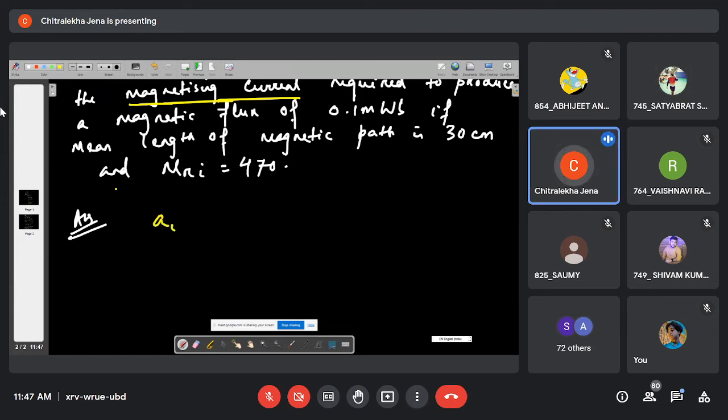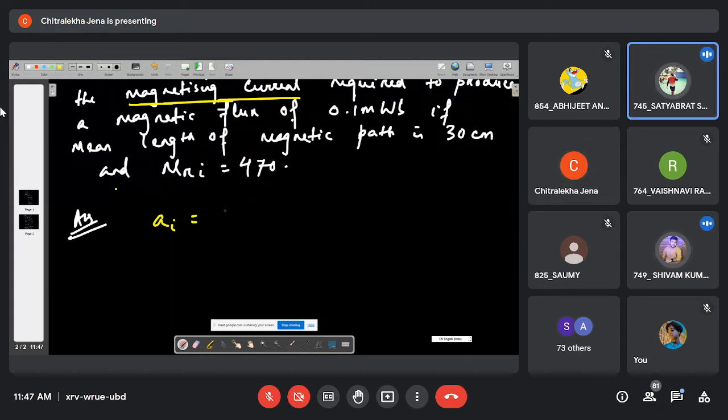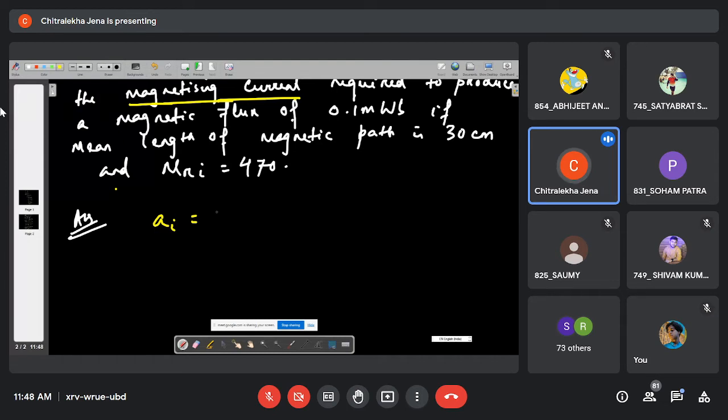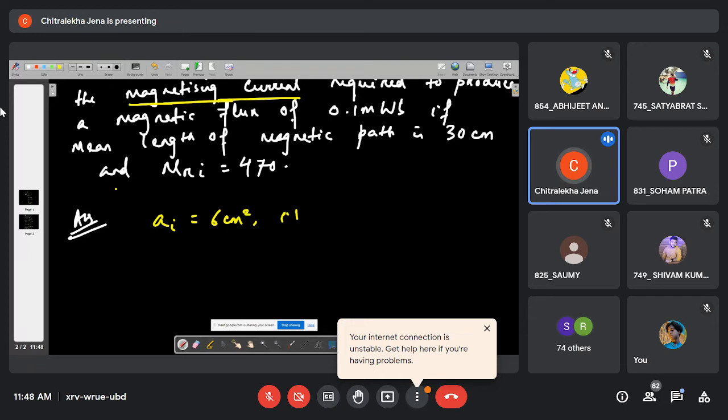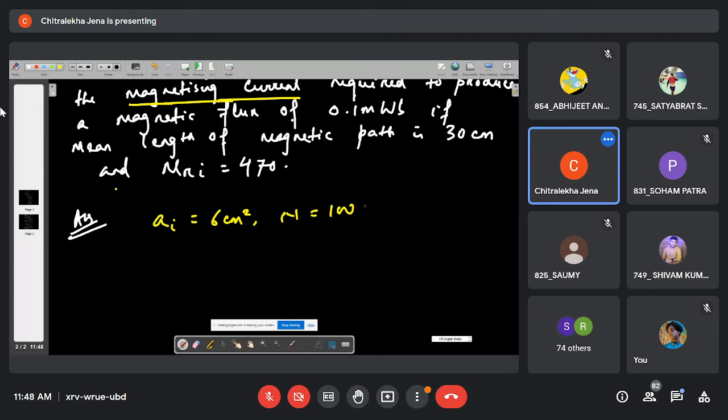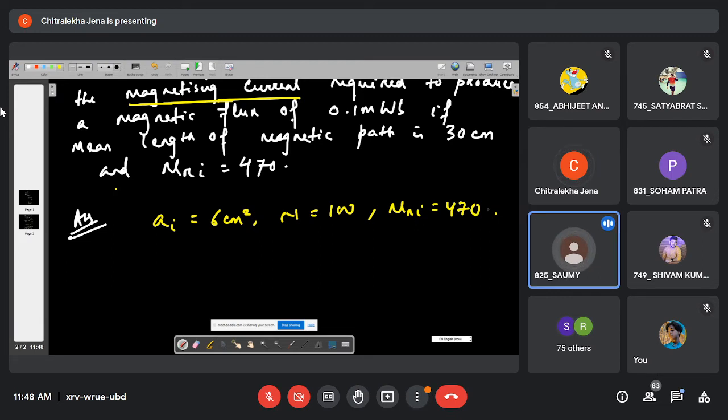The number of turns of wire wound is 100 turns, so N is equal to 100. Other values: mu_r is equal to 470, and flux is equal to 0.1 milliweber, which is 10 to the power of -3 weber.